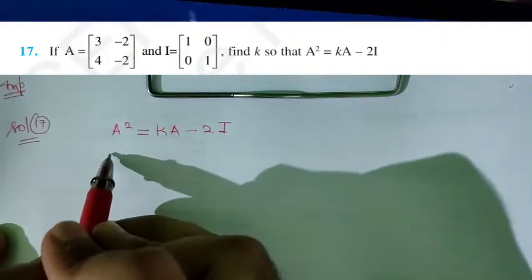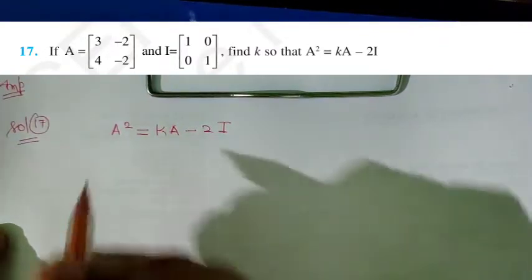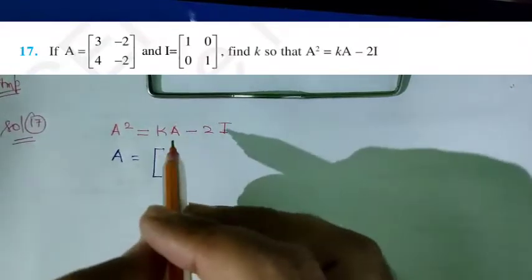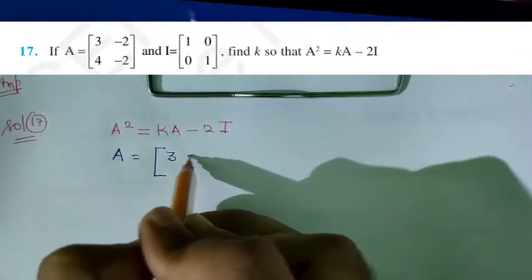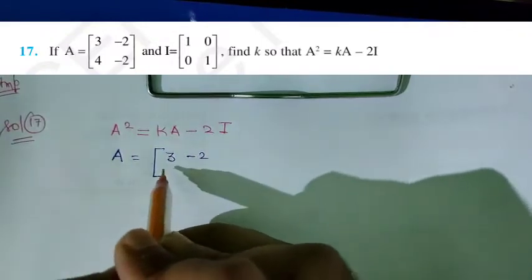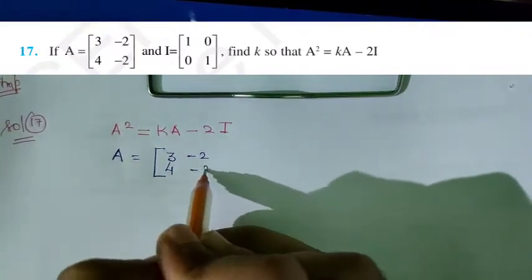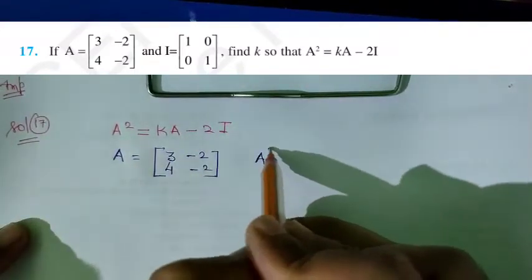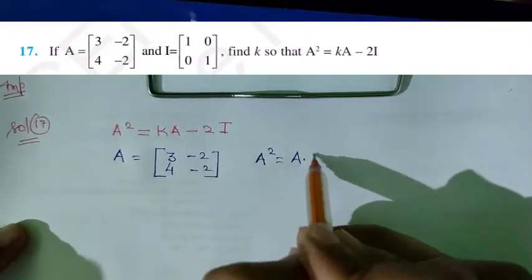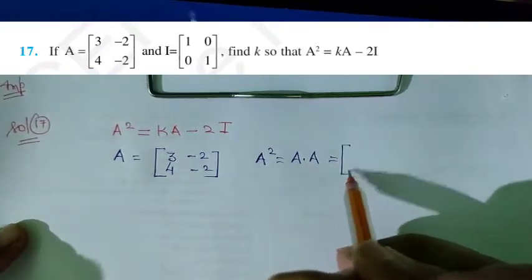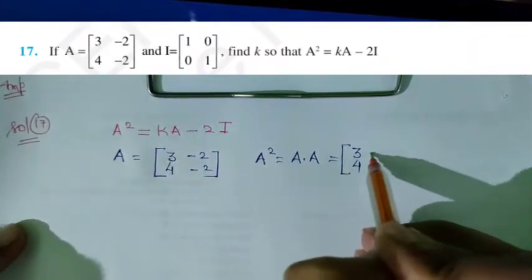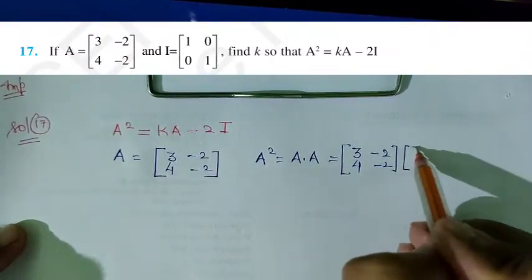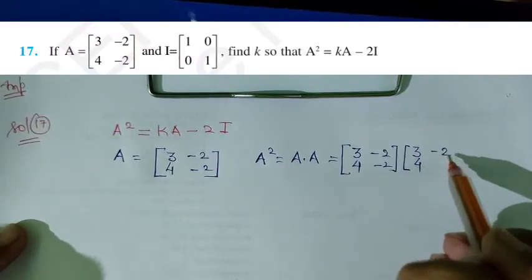Here A is given: 3 minus 2, 4 minus 2. So first we will find what is A square. A square is A into A. It means 3 minus 2, 4 minus 2, times 3 minus 2, 4 minus 2.